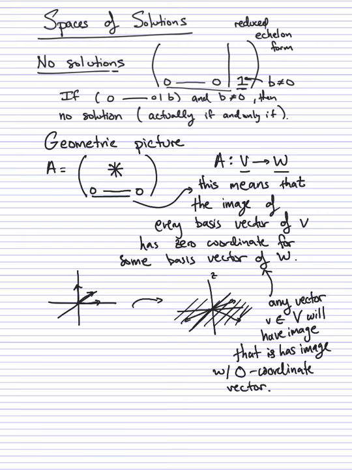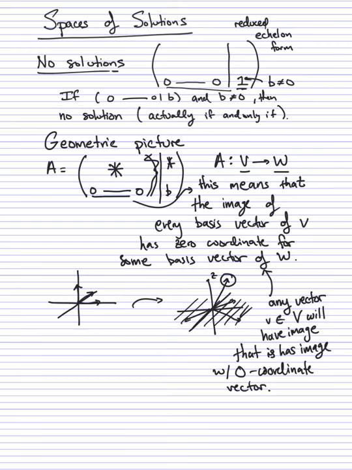And therefore, if I was thinking about this and I put anything here and I had a b not equal to 0, I would be trying to find a vector which mapped onto something in my range with non-zero coordinate in the z direction.